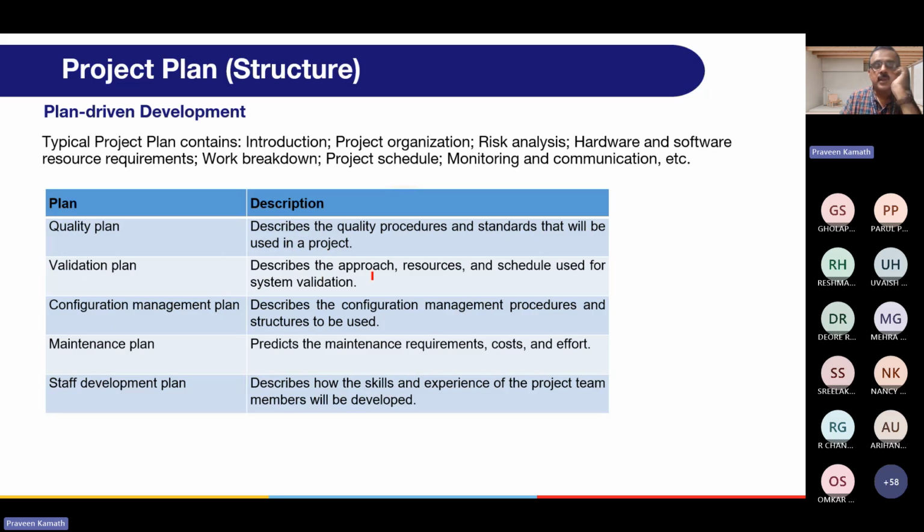Validation describes the approach, resources, and schedule used for system validation. Configuration management describes the configuration management procedures and structures to be used. Maintenance plan predicts the maintenance requirements, cost, and effort. Staff development plan describes how the skills and experience of the project team members will be developed.